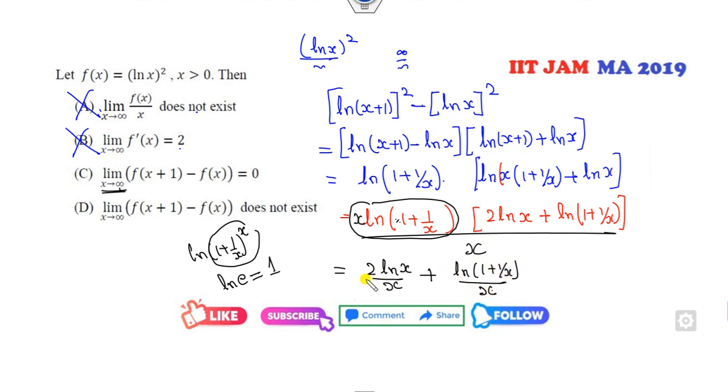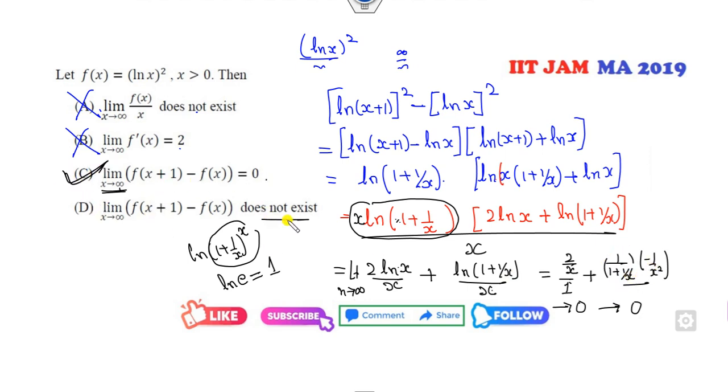Now you can take the limit as x approaches infinity. This is infinity by infinity form, so it will be 2 over x over 1. Again it's infinity by infinity form, so it is 1 over this and minus 1 over x square. So clearly this number will become 0. This number also goes to 0 because this is my 1 and it goes to 0. So yes, 0 is the right answer, and does not exist is the wrong answer.